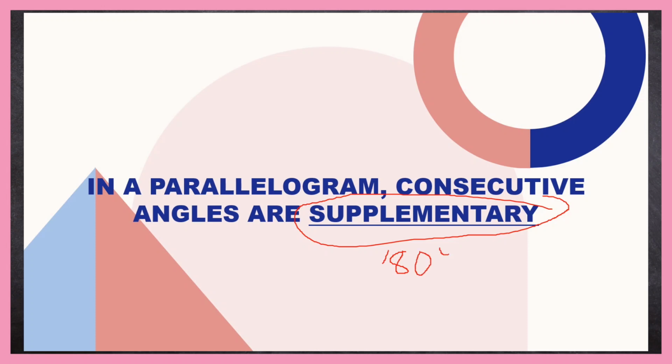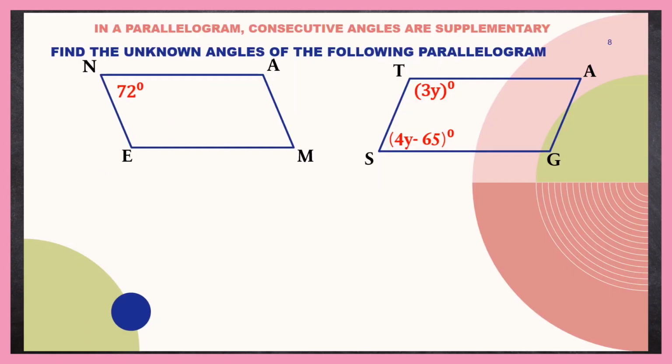The sum of two angle measures is 180 degrees, and that is what we call supplementary angles. Let us have an example. Find the unknown angles of the following parallelogram, using consecutive angles are supplementary. Consecutive, as you can see in our example, means magkasunod.